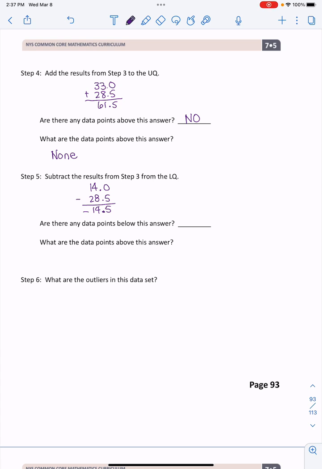And it says, are there any data points below this answer? Answer is no. What are they? Answer is none. It says, what are the outliers in this data set? So we have none.